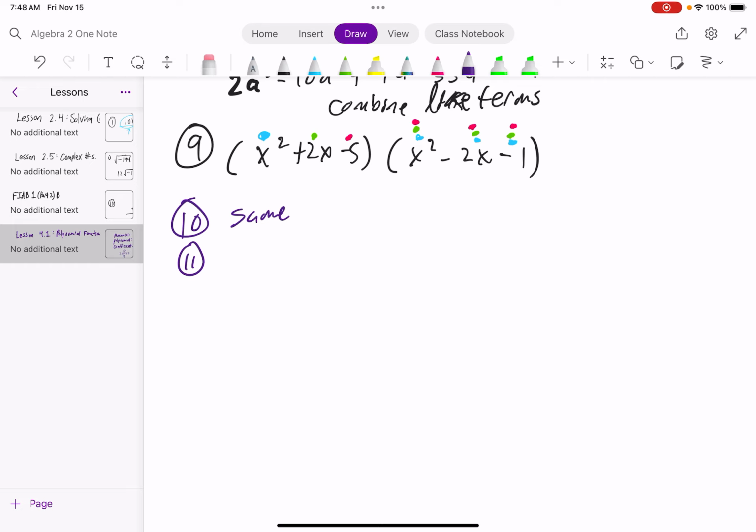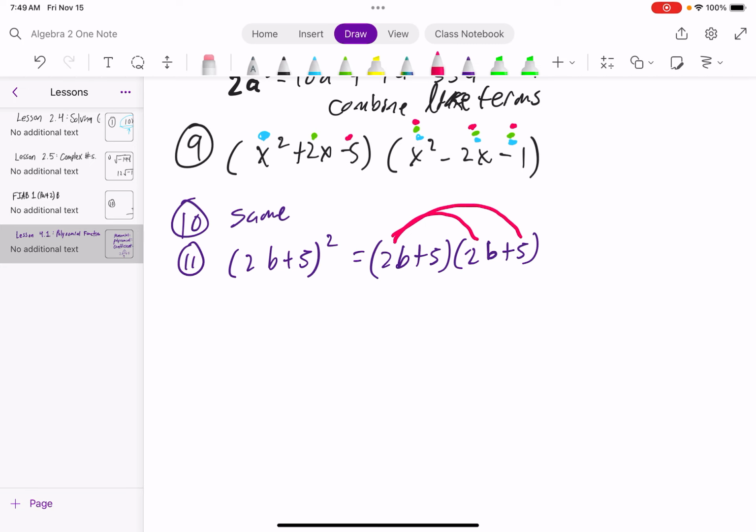11. It's a little bit different, not too much. So we have 2b plus 5 squared. This is 2b plus 5 times 2b plus 5. So this is going to be this times this times that, this times this times that, and then you're done.